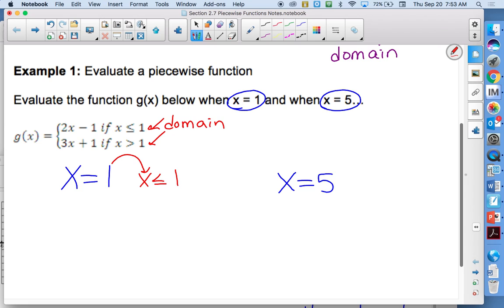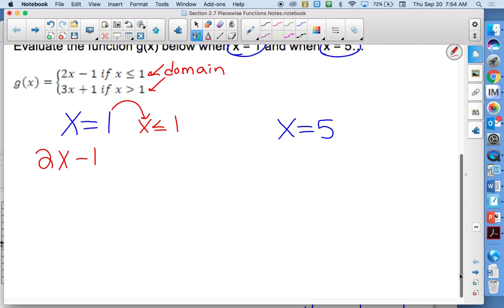So you're not evaluating first, you're choosing a piece of the equation first, based off of whether the x value matches its corresponding domain. So because 1 is less than or equal to 1, we can choose the equation 2x minus 1. We don't plug it into both, because it's one piece. It's either one or the other. So you can evaluate it after you decide the equation you're using. 2 times 1 is 2, minus 1 gives us 1.